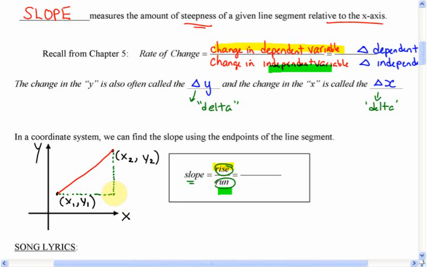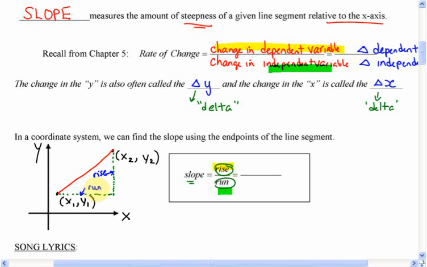The vertical line or the horizontal line? Vertical, good. So this here is the rise, and this one down here is the run. Now, we're going to have to come up with a formula to calculate this. The formula will involve these variables, x1, y1, and x2, y2.